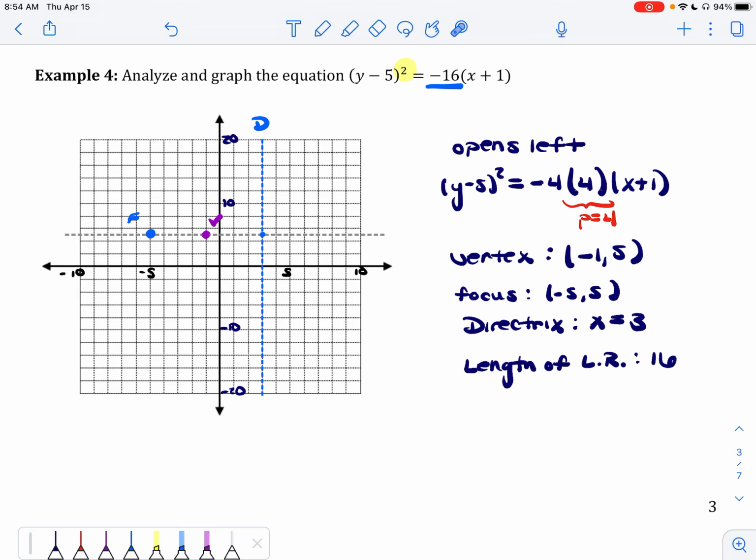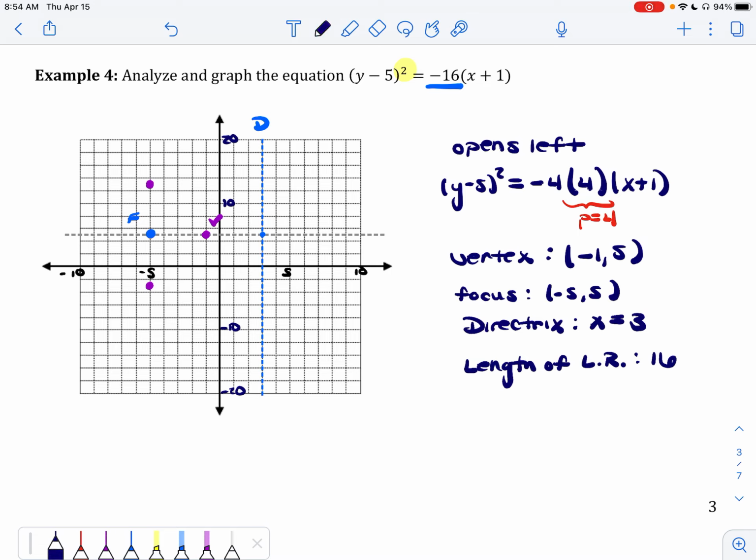So from our focus, we're going to go 8 up and 8 down to get the 2 points on the latus rectum. Okay, keep in mind that I counted by 2's on my scale here so that we can fit this in. So we're going 8 units up and 8 units down. So 2, 4, 6, 8, 2, 4, 6, 8.